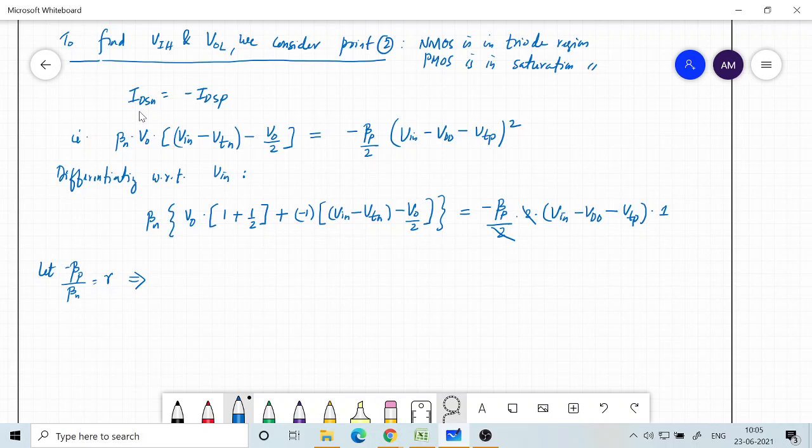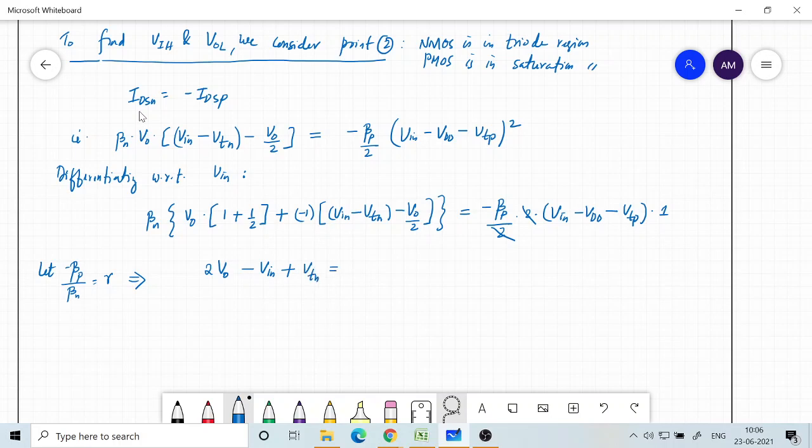So there is a 3 by 2 V0 here, and there is a plus V0 by 2. So I can combine it and write it as 2 V0. So 2 V0, then basically minus Vin plus VTN.